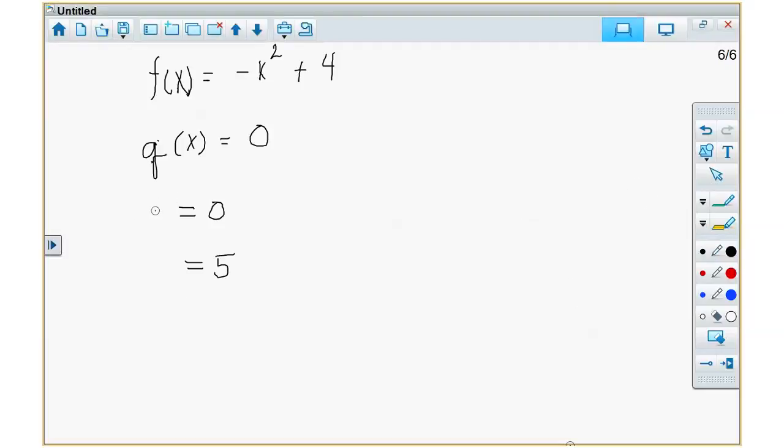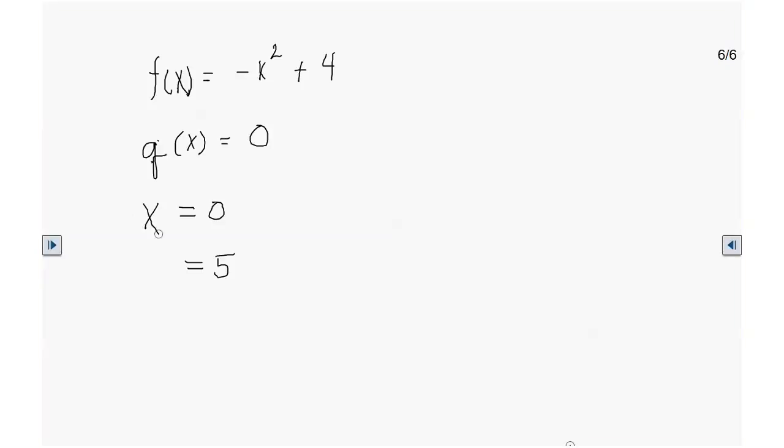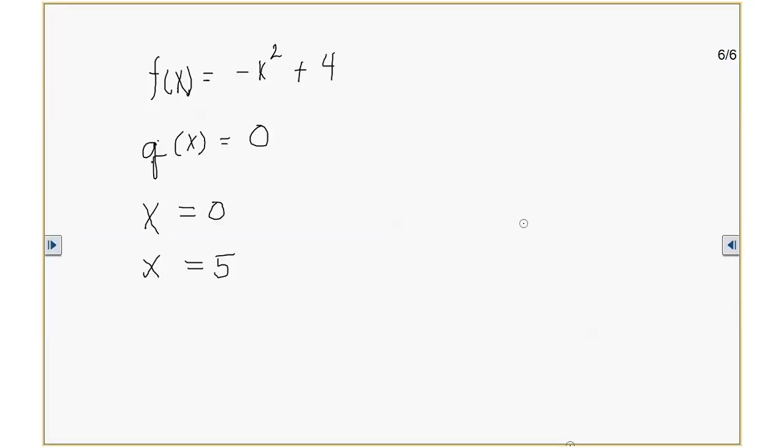Now, the best thing for you to do is sketch this. I hope to God it works. Sketch it, because you're not going to be able to put the x is equal to 0 or x is equal to 5 unless you change it to parametric equations.